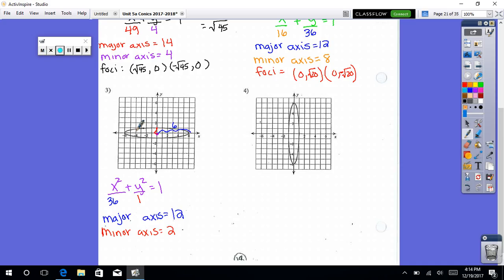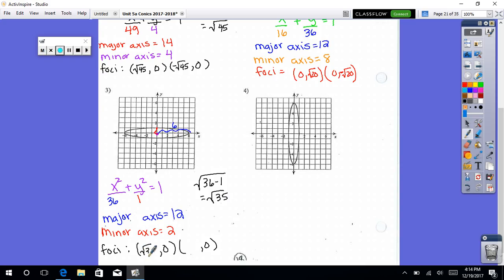Okay, and again, the foci are going to be along this axis right here. Okay, they're on this major axis, which means that they have a y coordinate of 0. They're on the x. Okay, big minus little. So I have 36 minus 1. Take the square root. So that ends up being the square root of 35.